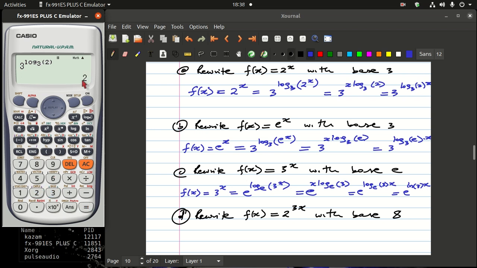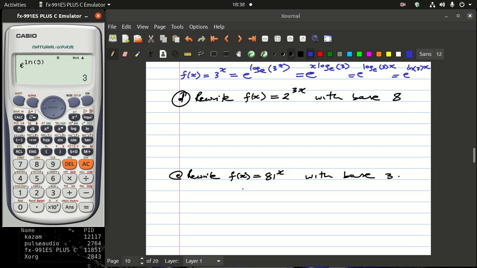You will find out that this is 2. So this whole thing here is 2, and then we raise to x. So all of them are actually giving us the same thing. And if I'm having now an e raised to ln 3, looking at this one here, you will see that it's supposed to give us a 3. So you'll find out you get a 3, which is this 3 over here, and then that x is there.